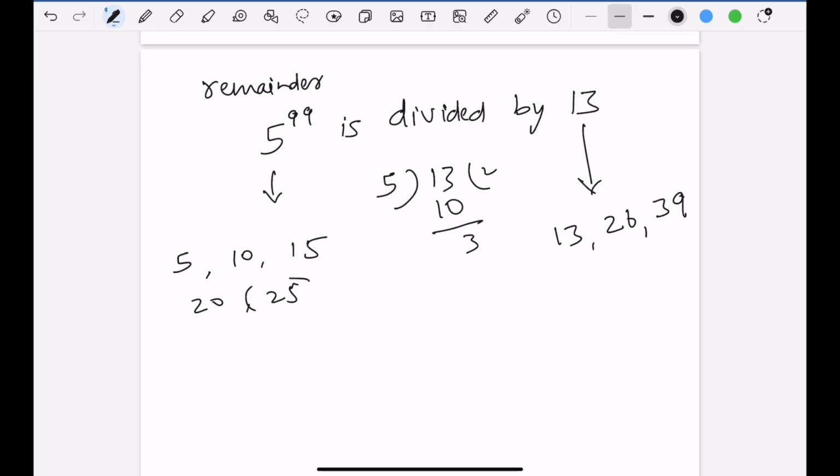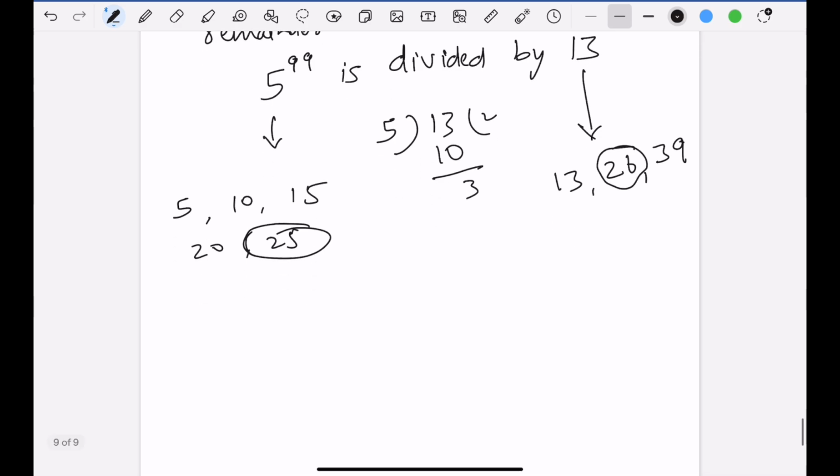We see that 25 and 26 are close together. So 5 to the power 99 can be written as 5 to the power 98 into 5, which is 25 to the power 49 into 5. We ignore this 5 for now.